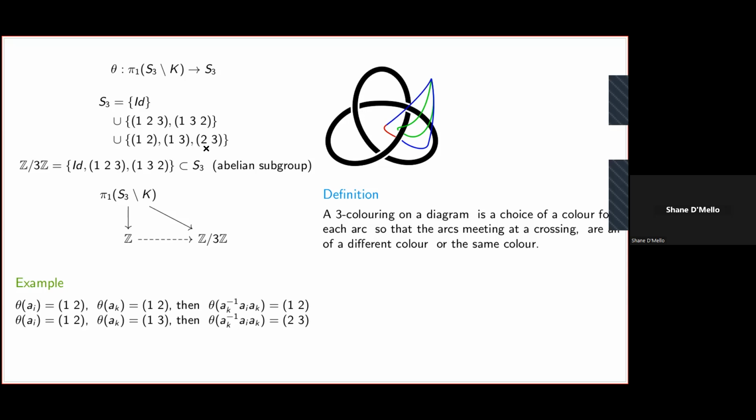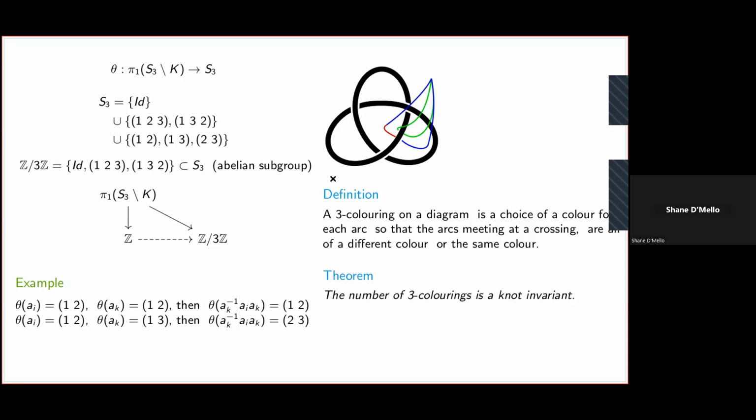And if you do that, then by the discussion that we've already had, you have told me which elements the generators are to be mapped to. And therefore, what you've done is you have effectively given me a well-defined homomorphism from the fundamental group to S3.